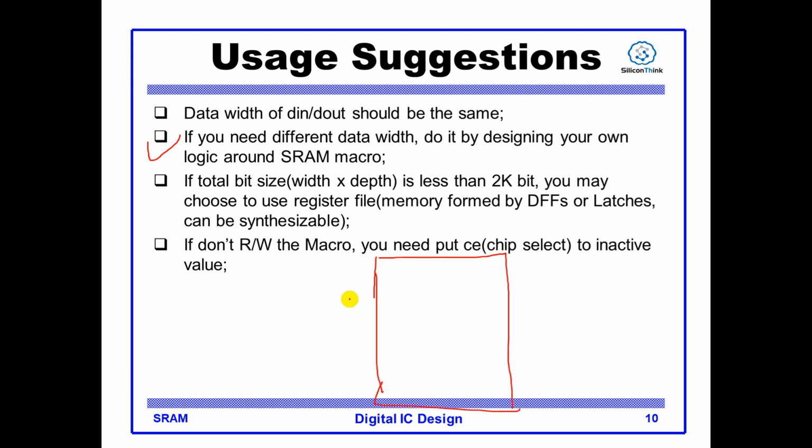For example, if this is 32, then the read is 16 or 64, but inside this module you just instance a simple single port SRAM with the same bit width. The bit width you can choose by yourself, maybe 32 or maybe 64, any number you choose.